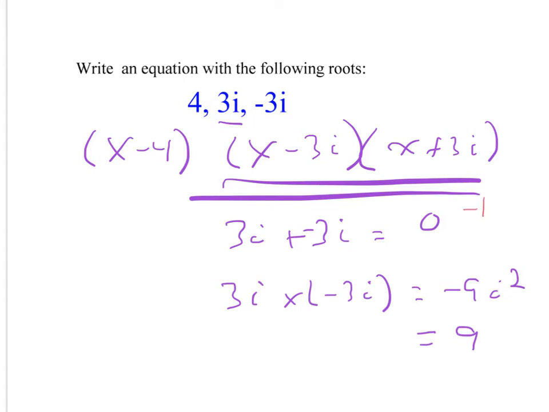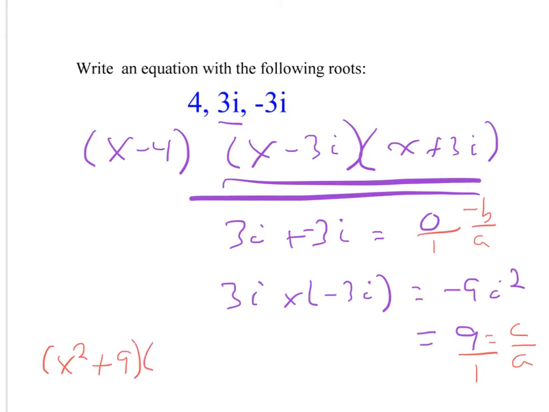That's equal to negative b over a. And I know that the product of my roots, which is 9, is equal to c over a. So we can see now that a is 1, so I have 1x squared. b is 0, and c is 9, so I have a factor of x squared plus 9.